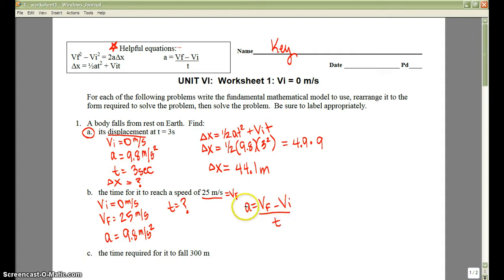We can rearrange our variables, so time is equal to velocity final minus initial over acceleration. Now it's just a matter of plugging in our numbers: 25 minus 0 over 9.8. You're just going to take 25 and divide by 9.8, so we get a time of 2.6 seconds.